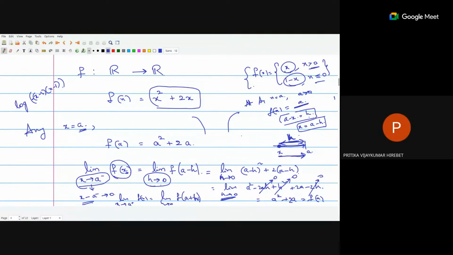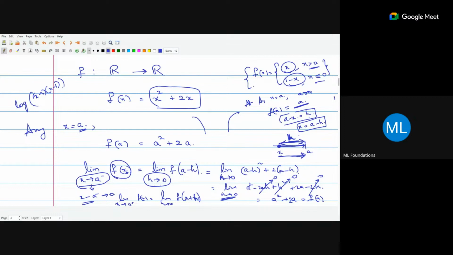Sir, in that example, x greater than 0, 1 minus x. You said that only at x is 0 it's not continuous. But even at x less than 0, if we substitute 0, we are getting the answer as 1, right? So that is also not continuous, no? No. When x is less than 0, we mean all the x's are not 0.